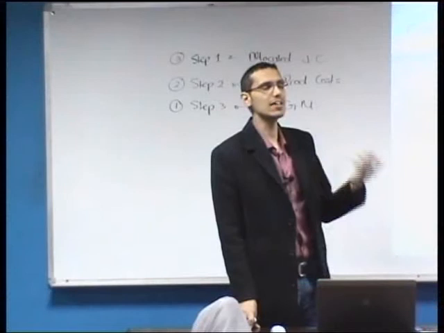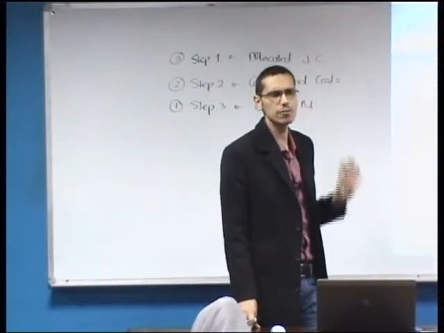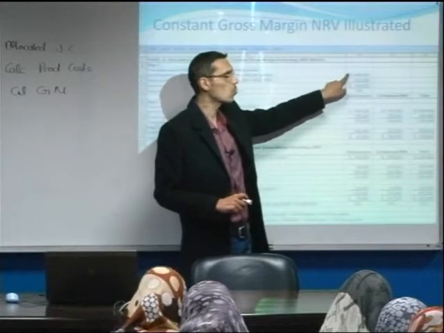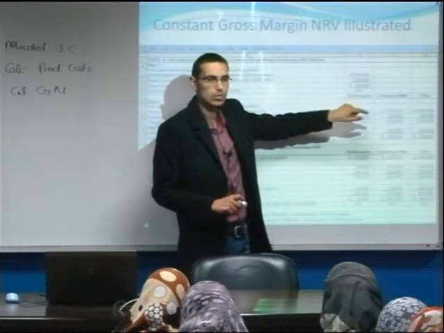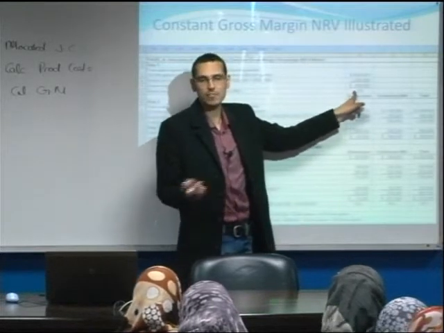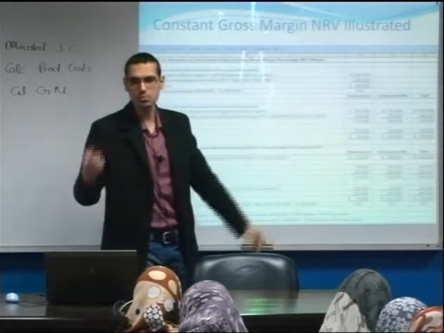Therefore, can we now calculate the gross margin percentage? Of course. Dividing the 400,000 by 1,600,000 would yield the 25%, which is the gross margin percentage.